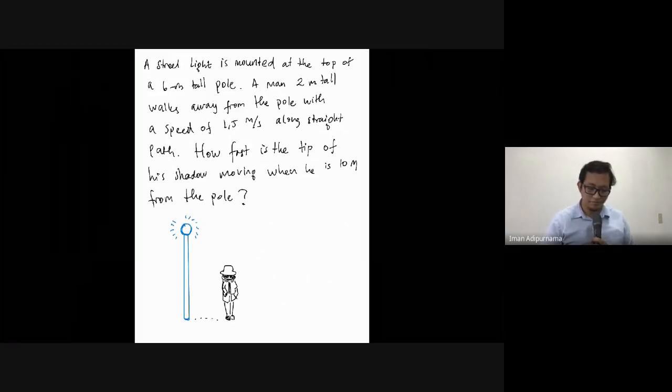There's a man. This is 6 meters. This is 2 meters. And at least you can see the shadow.